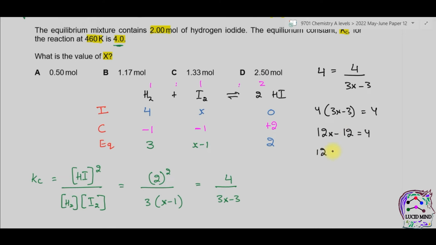Or 12X equals 4 plus 12, which is 16. So X equals 16 divided by 12, which comes to 1.33. It means 1.33 moles of X were present initially. So the value of X is calculated. It is 1.33. Answer is therefore C.